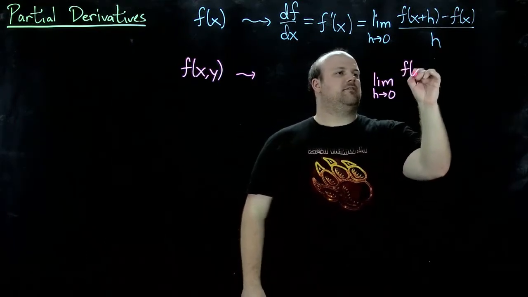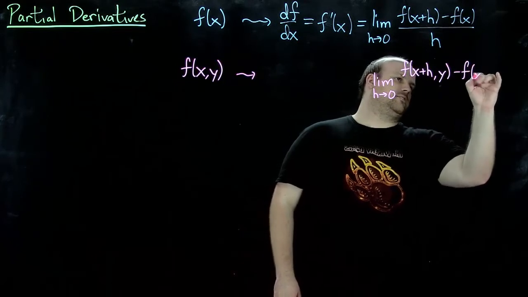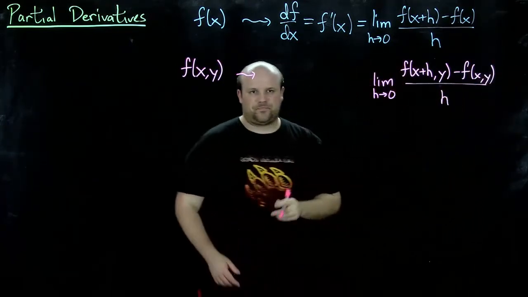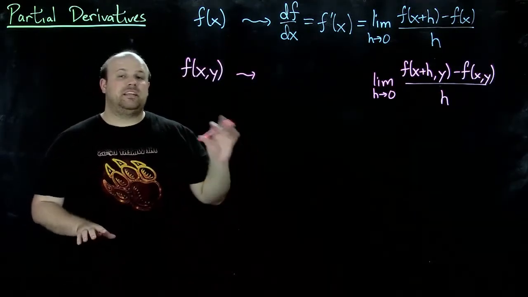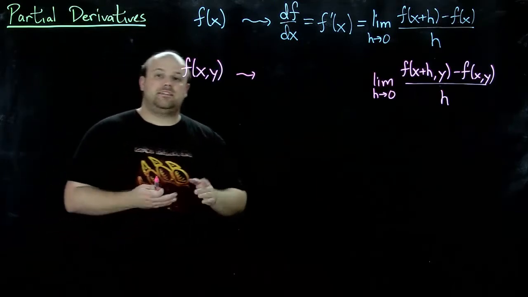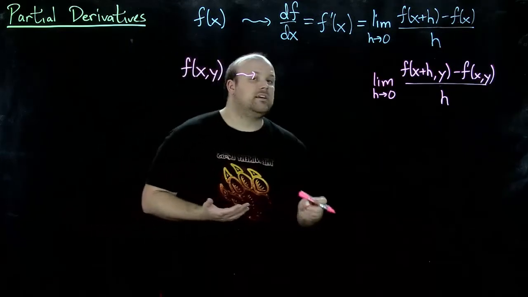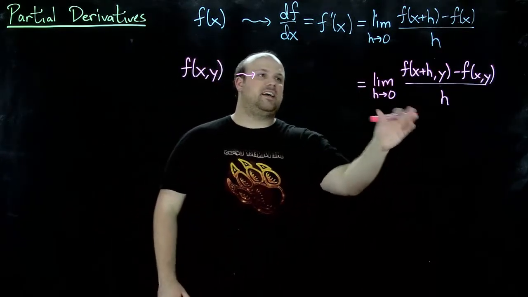So we can do f of x plus h, comma y, minus f of x, y, all this over h. We can still write this thing down. It completely ignores anything that's happening to the y variable, but it still does the rate of change in x. So this is what we'll call the partial derivative with respect to x.